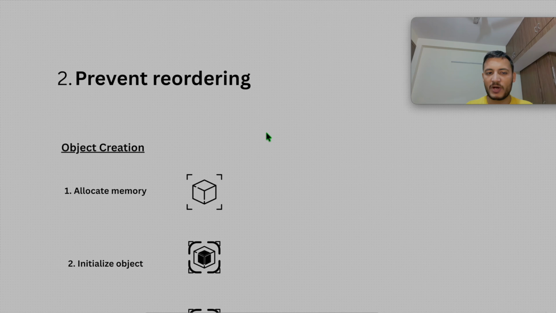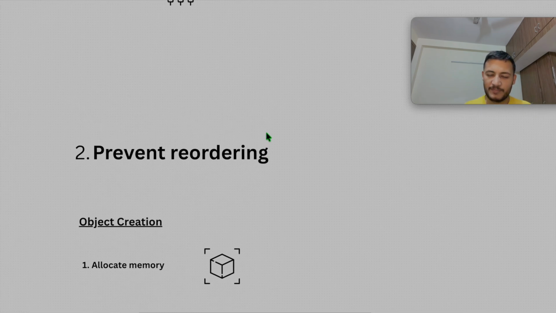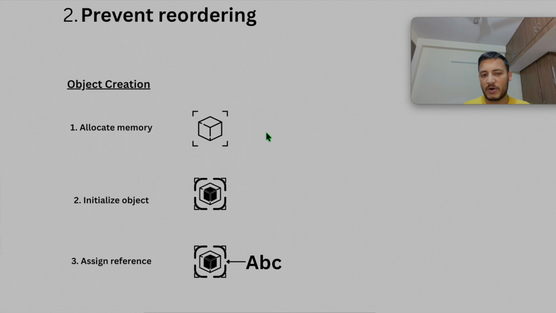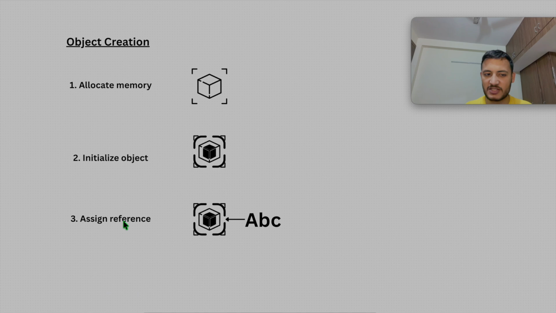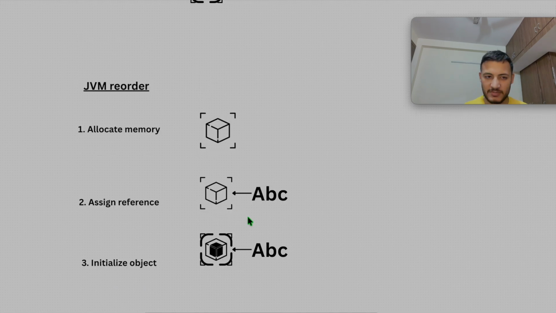Secondly, the volatile keyword prevents reordering. Usually when we talk about object creation, it consists of three steps. First step is allocating memory, second is initializing the object, and third is reference assignment. Sometimes the JVM reorders the instructions for optimization.